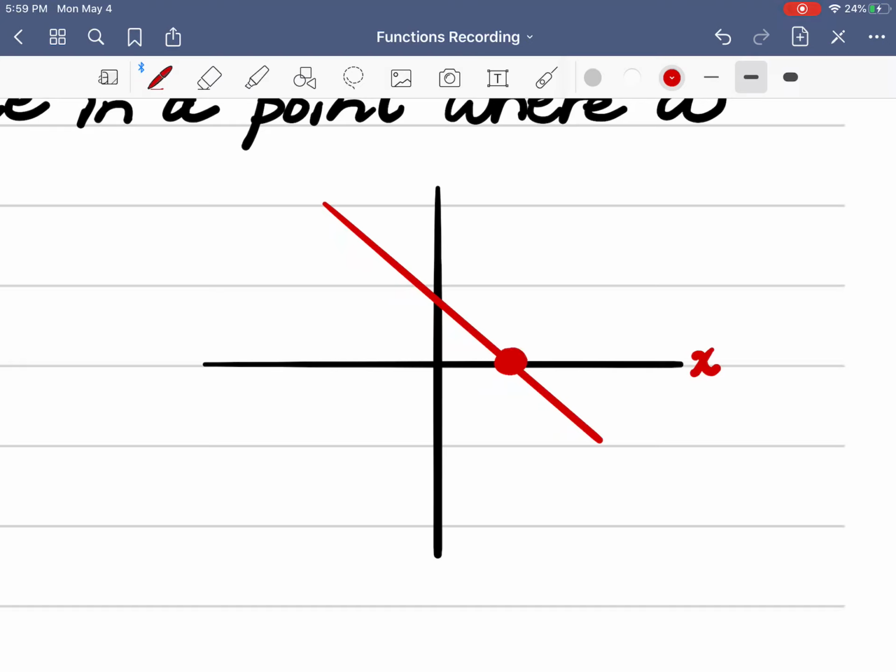Right there is the x-intercept. And maybe that point is at 2. So the run is 2 and the rise is 0. And that is called the x-intercept. That's the point. But the actual intercept is the number 2. It's the spot where the line crosses or touches the x-axis.